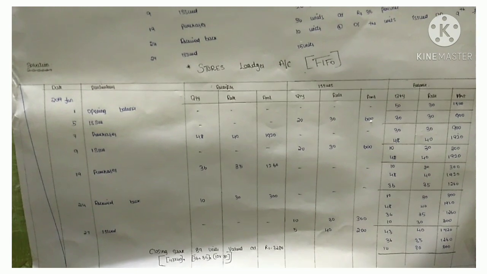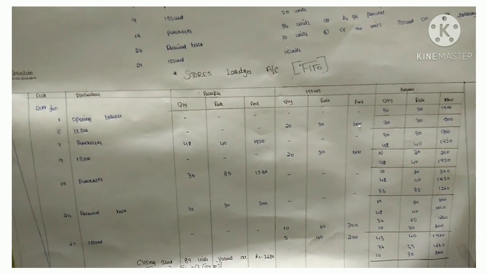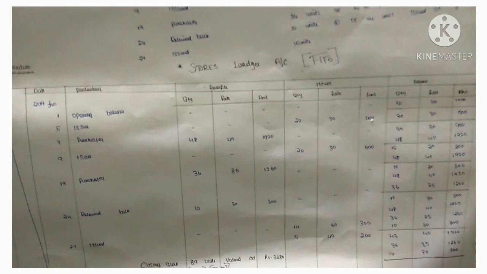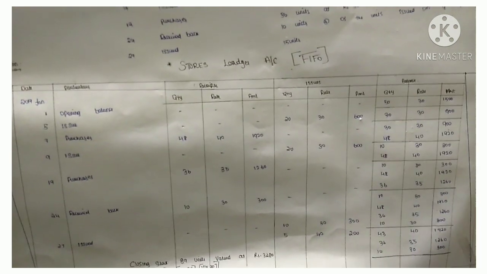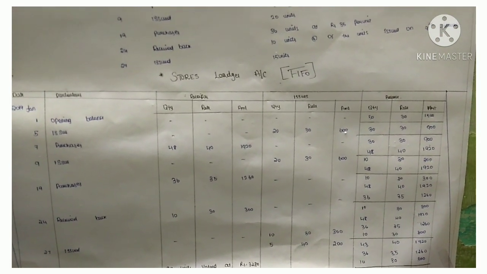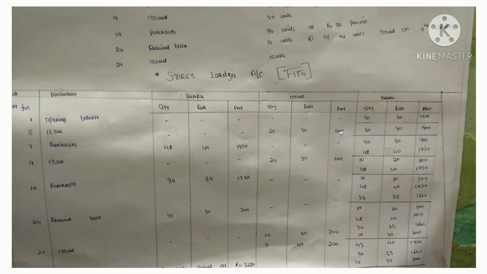Okay, let's solve the problem. The title of the problem is stores ledger account under FIFO method. The tabular column is divided into 5 parts: the first is date, the second is particulars, the third is receipt, the fourth is issue, and the fifth is balance.